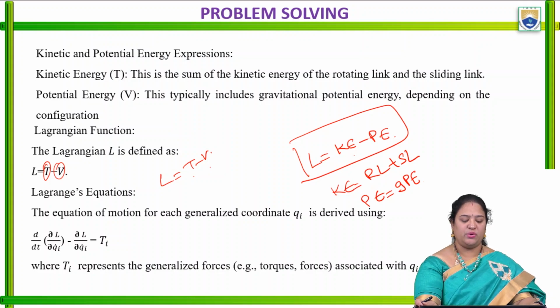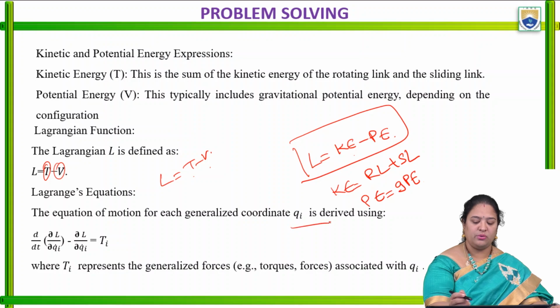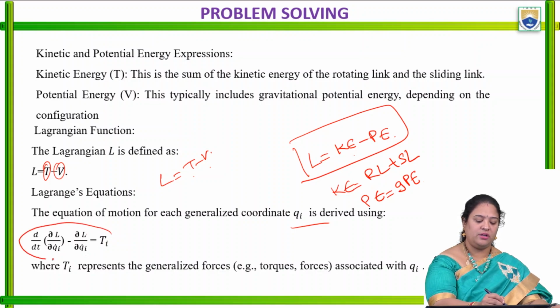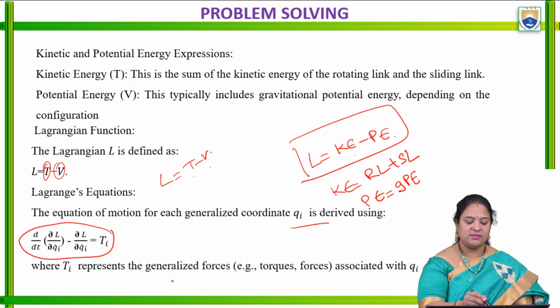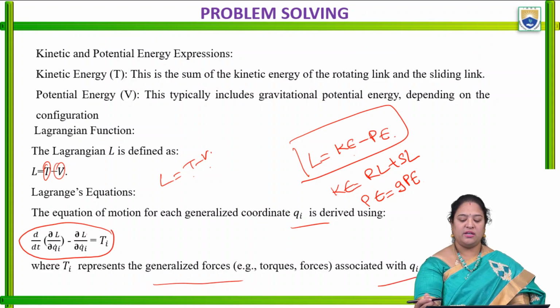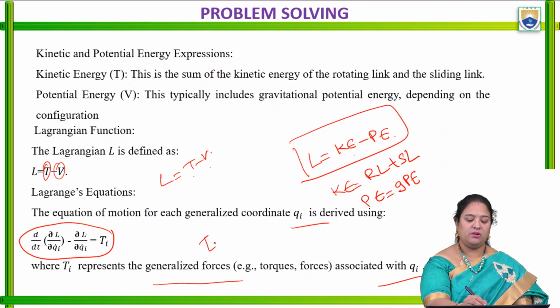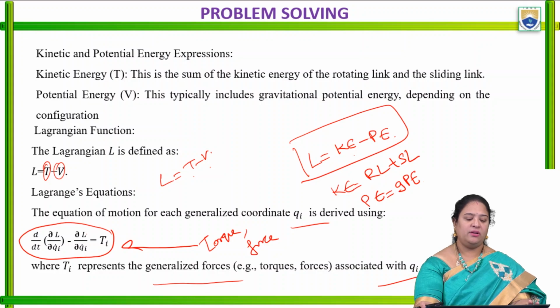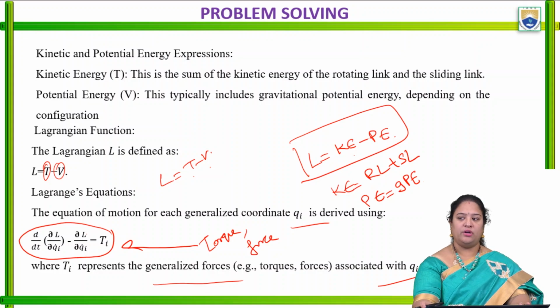So, as per the Lagrangian equation, with respect to the qi derivation, we write d by dt of dou L by dou qi dot minus dou L by dou qi is equal to Ti, where Ti represents the generalized forces, that is, the torque or force associated with qi. With respect to the torque and the force, we are writing this particular equation.